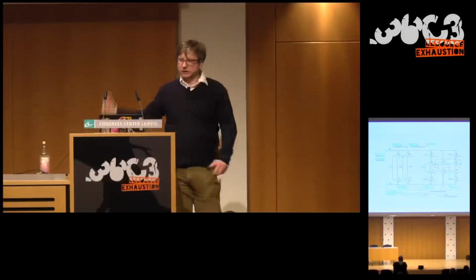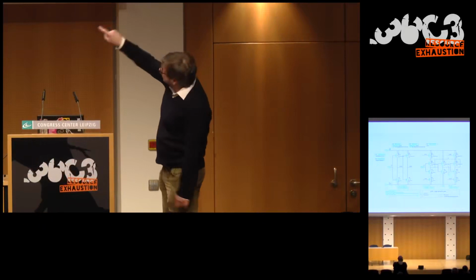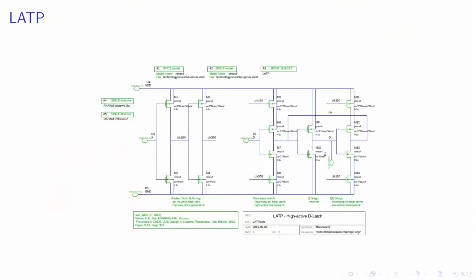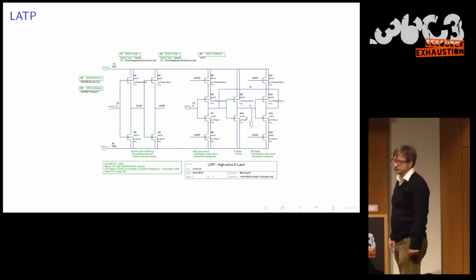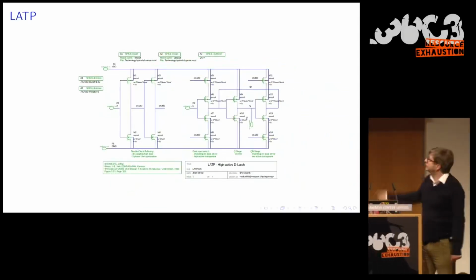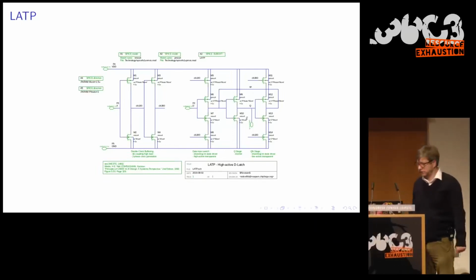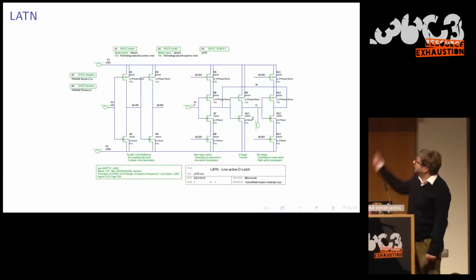But from the right, we also have the feedback loop. The left and the right inverter are both driving the middle one, and Q is the data output. That's the smallest latch circuit I know.